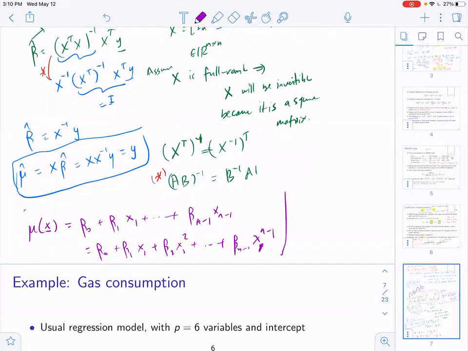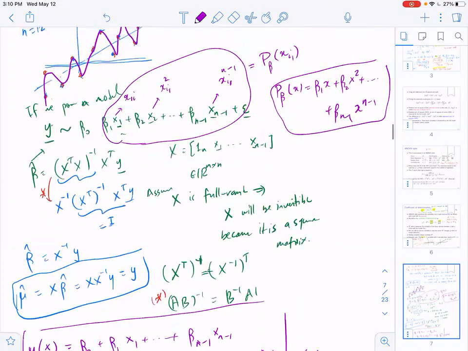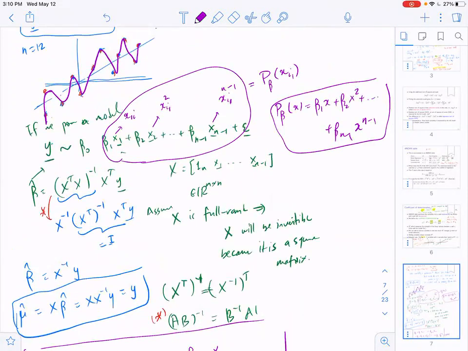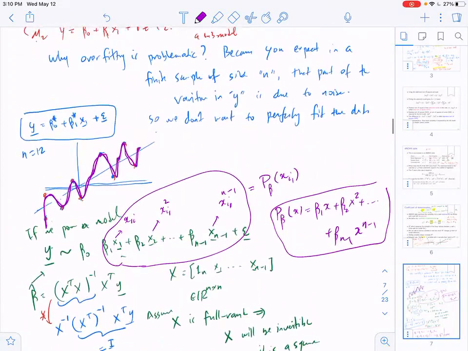So if I have a new data point, I can equivalently think of this as applying it to a single data point. If you plot this regression function as a function of that single data point, it would be a polynomial that passes through these. And so this is the bad situation.